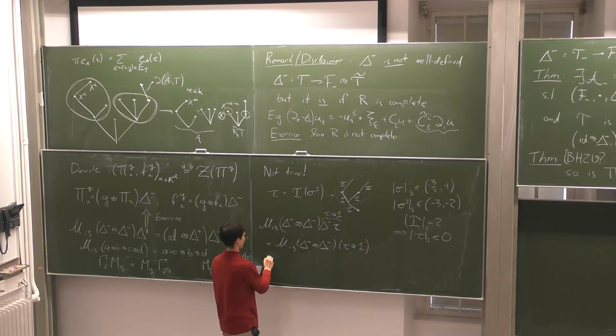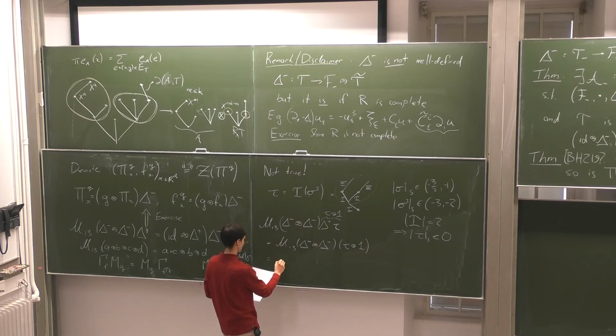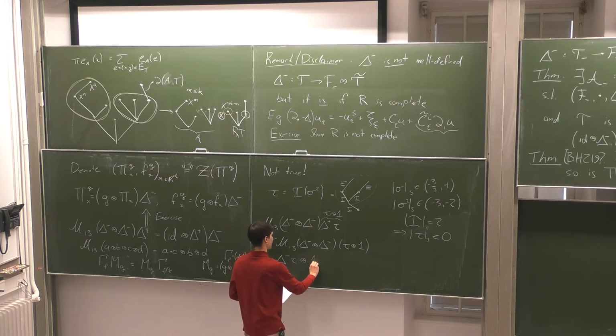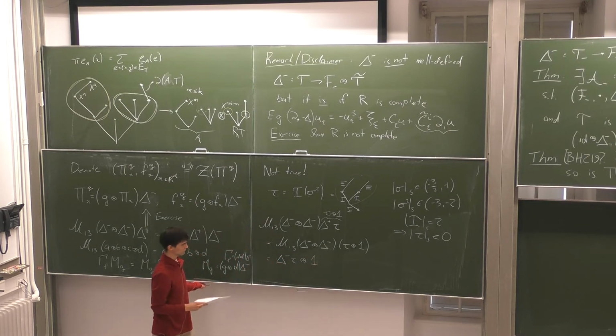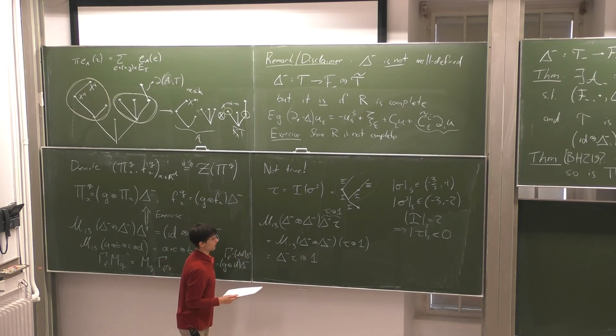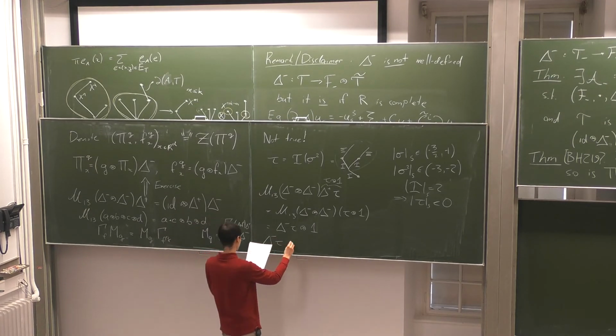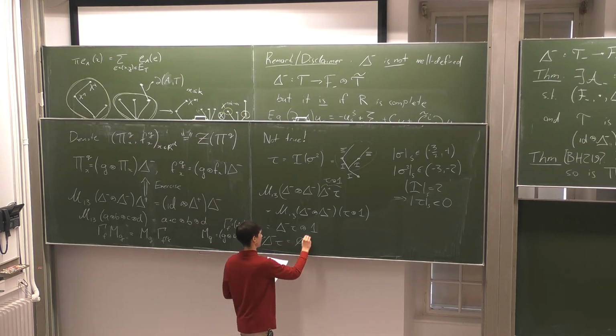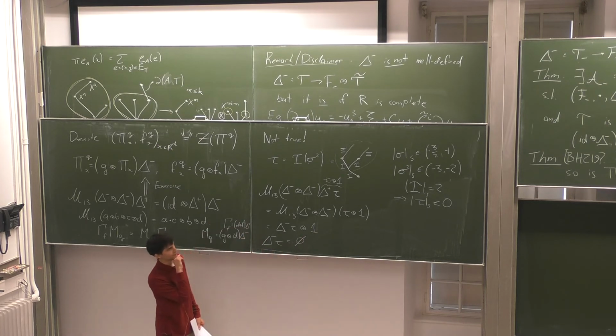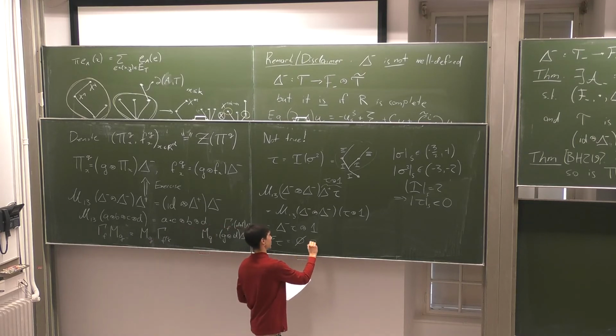And in turn, it is quite easy to see that this is just delta minus of tau tensor 1. Okay. Now let me compute what delta minus of tau is. This is maybe a good way to see how this delta minus map works. So I can extract the empty forest.